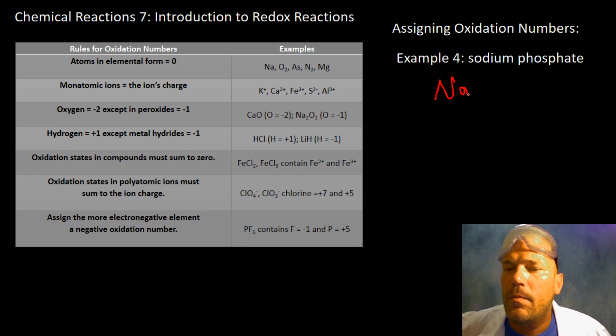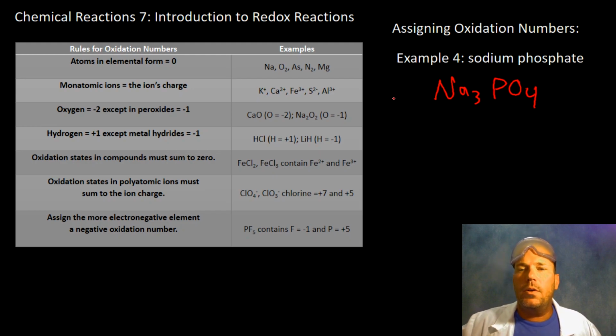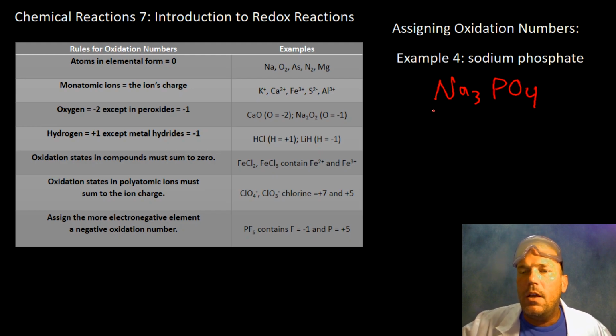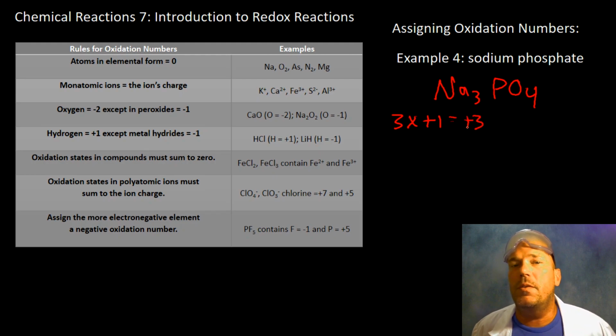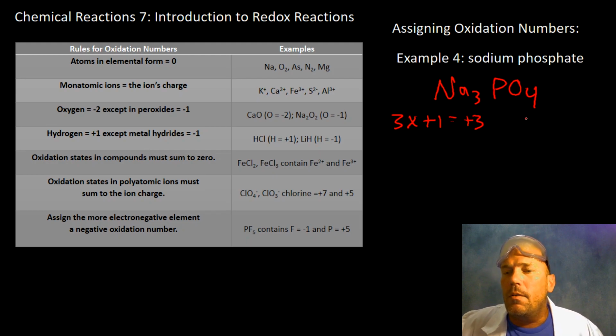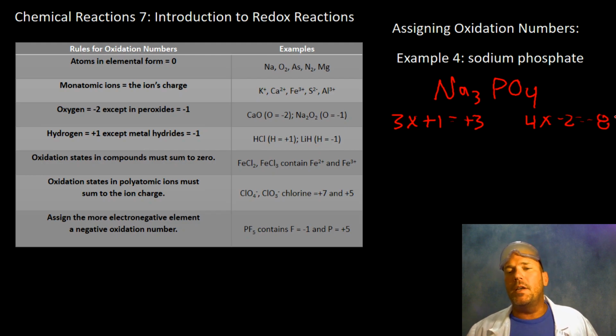Sodium phosphate. All right, let's go ahead and knock this one out here. Again, we can go ahead and say 3 times +1 equals +3 because we know that sodium is a +1. There's 3 of them. We also know that we have 4 times -2, which equals -8 for oxygen.